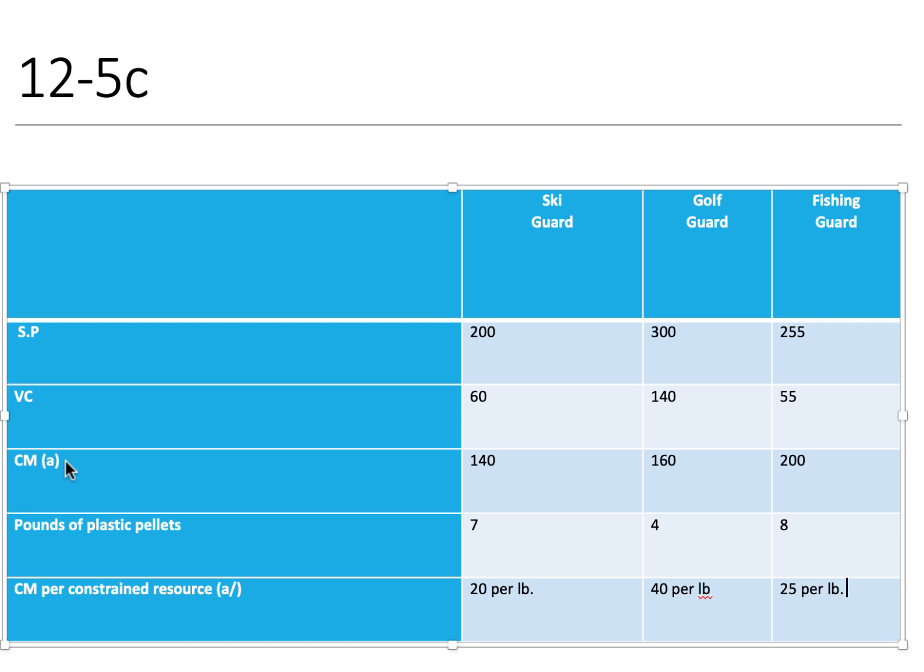So for golf guards, we can pump out more golf guards by using less plastic pellets. In 12A, we could pump out more ski guards because it required less time than the other two products. Okay, so that's exercise 12-5.